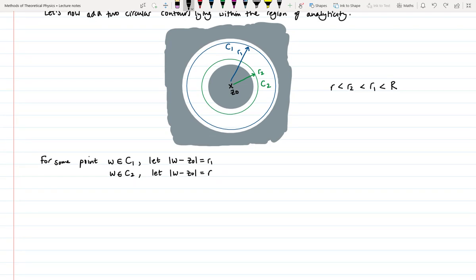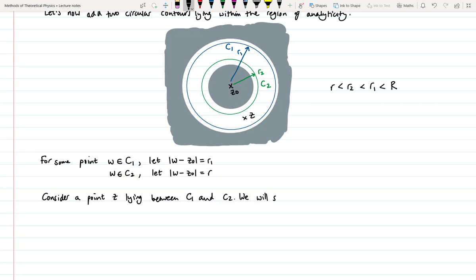I'm now going to state a result that we're going to spend the rest of the video proving. Consider a point Z lying between the circles C1 and C2. I'll draw an example point in the diagram. Z might be over here.